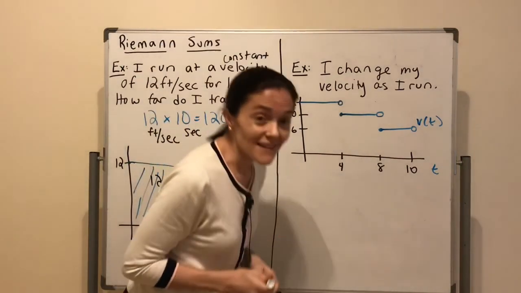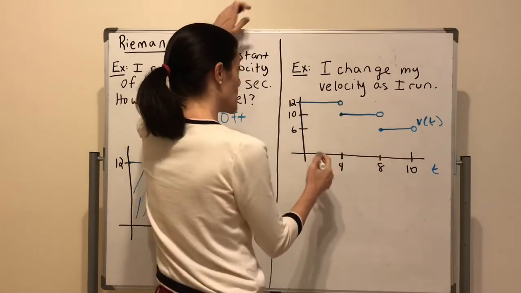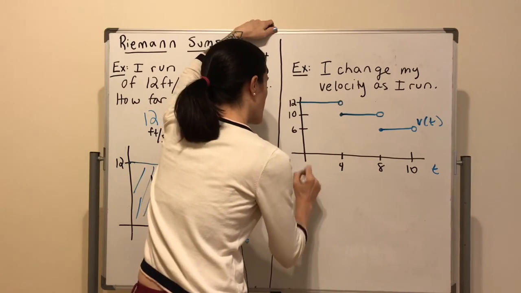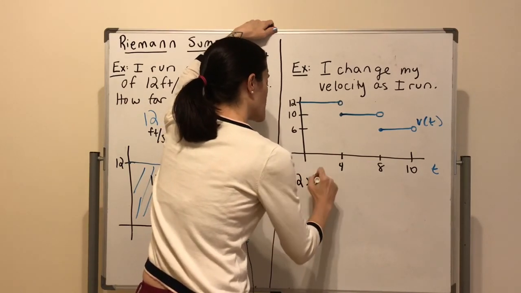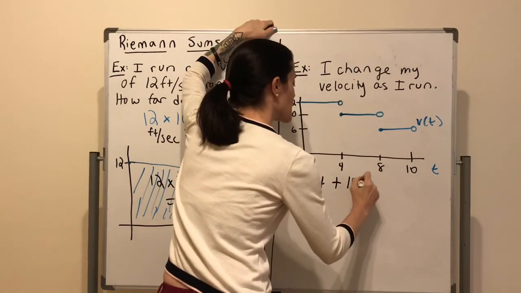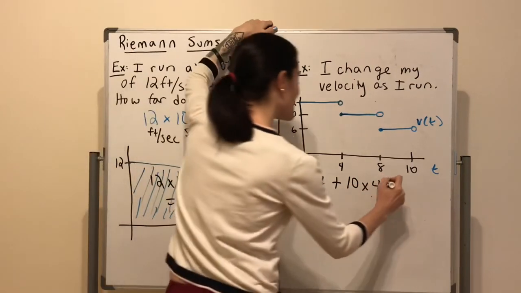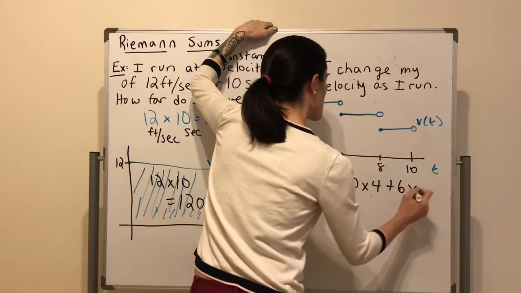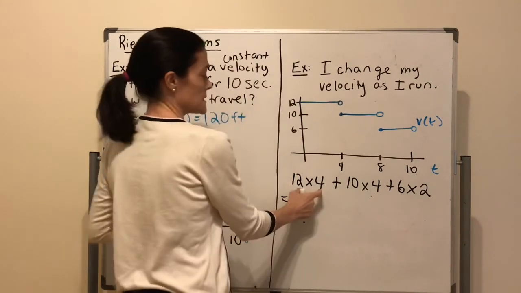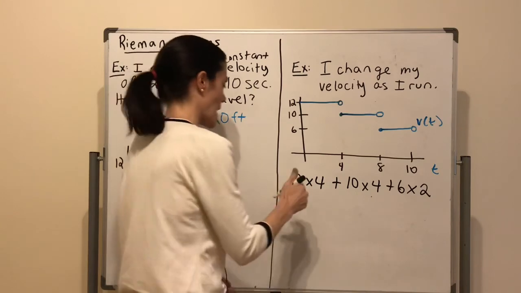And still, it's an area. What we would do is take, for the first 4 seconds, 12 feet per second times 4 seconds, and then 10 feet per second times 4 seconds, and finally, 6 feet per second times 2 seconds. The units in each one of these are feet, and we can just add up.